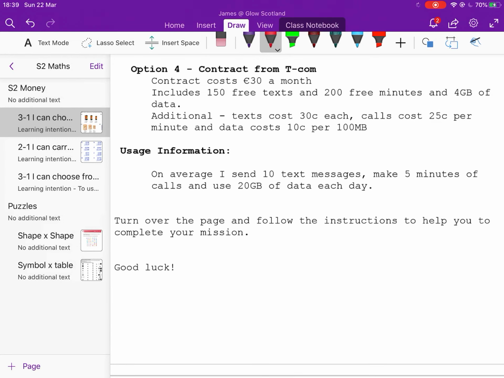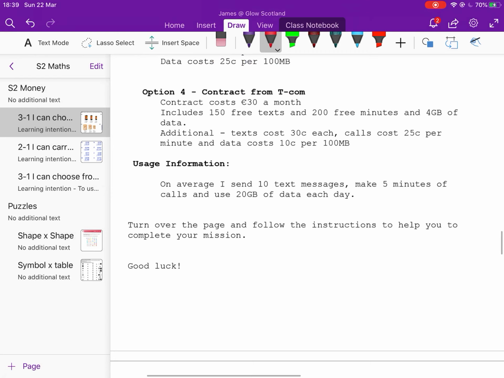The last one, option 4, is the contract from T-Com, and it's €30 a month, but it includes 150 free texts, 200 free minutes and 4 gigabytes of data. Additional costs: any texts above that are 30 cents each, any calls 25 cents per minute, and data is 10 cents for 100 megabytes over and above the 4 gigabytes included.